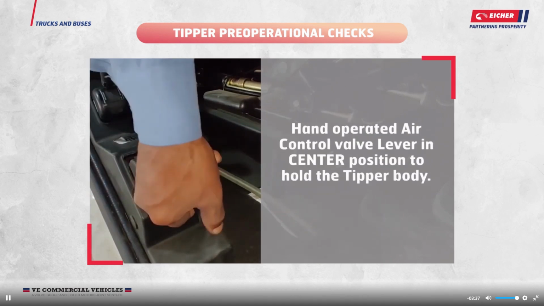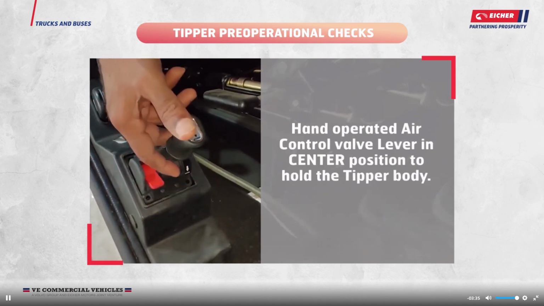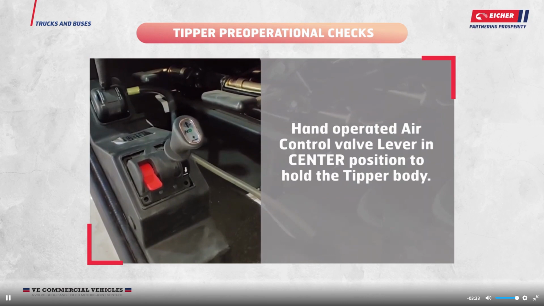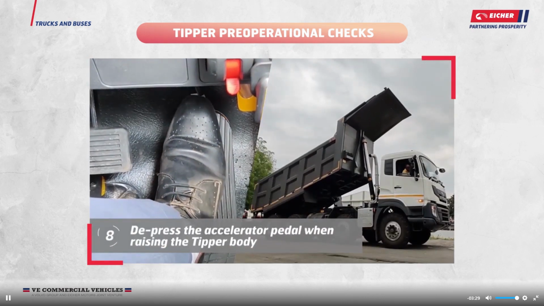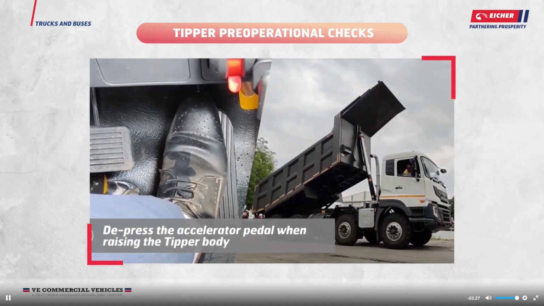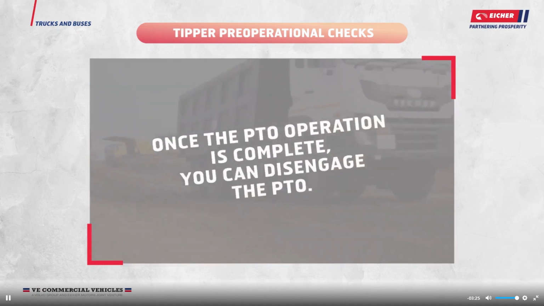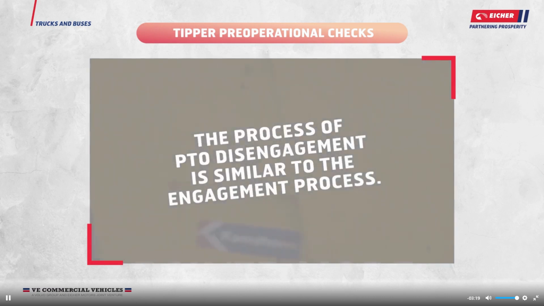Hand-operated air control valve lever in center position to hold the tipper body. Depress the accelerator pedal when raising the tipper body. Note: once the PTO operation is complete, you can disengage the PTO. The process of PTO disengagement is similar to the engagement process.